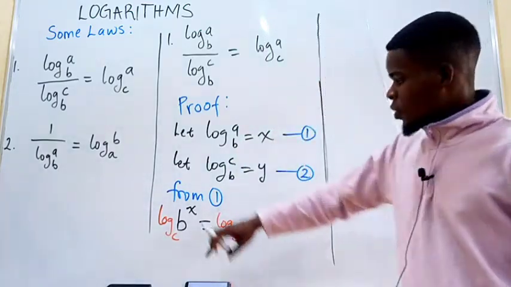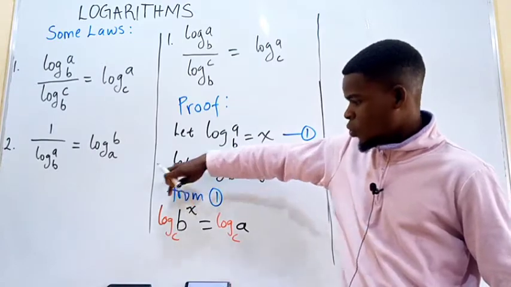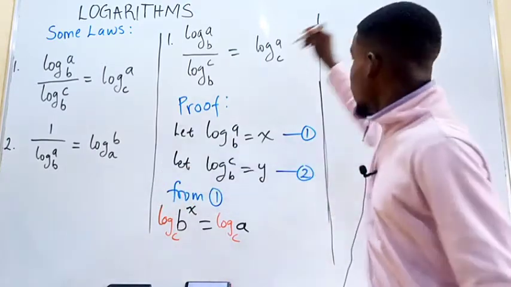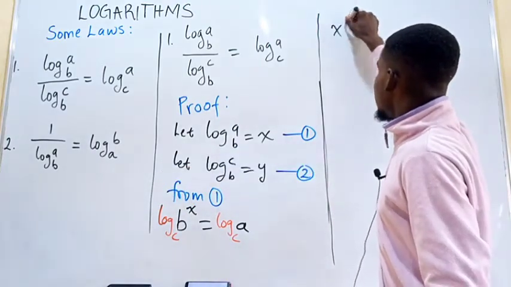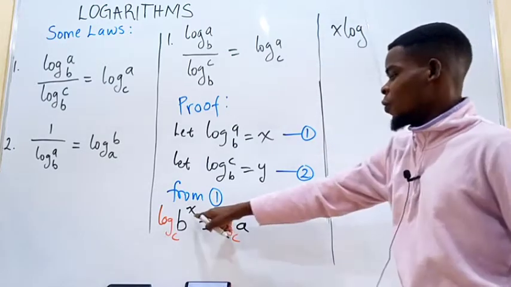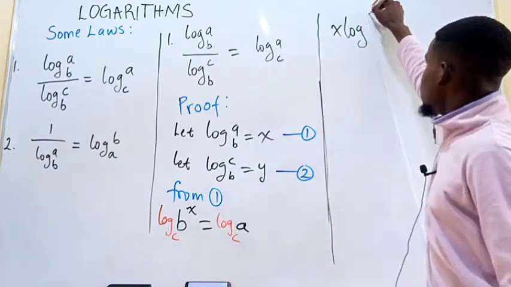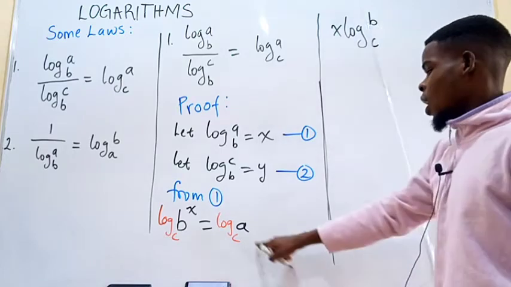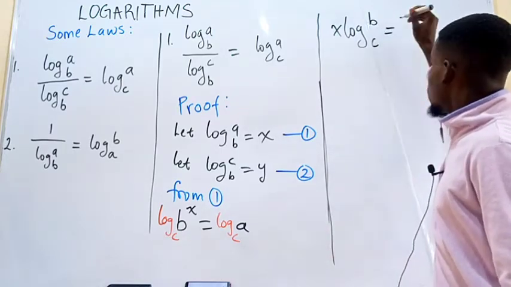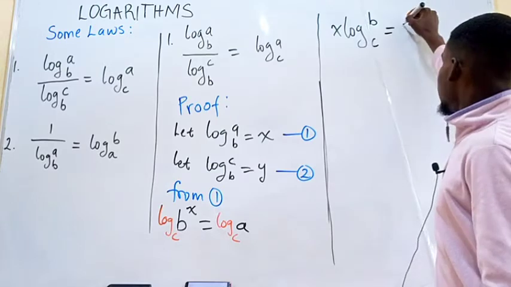Now you see that this is the power in the number, so we can take it to the front of the logarithm. That is going to be x times the logarithm of b to base c, and we equate it to the logarithm of a to base c.